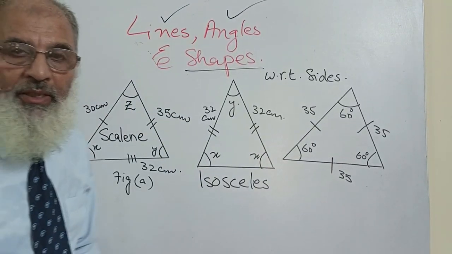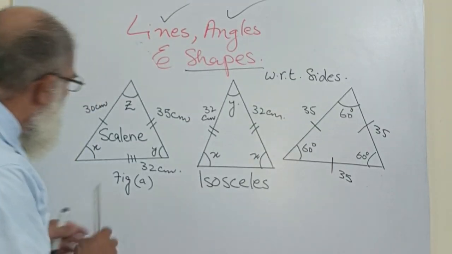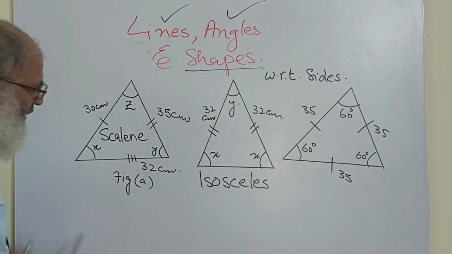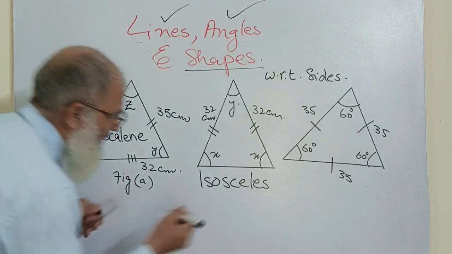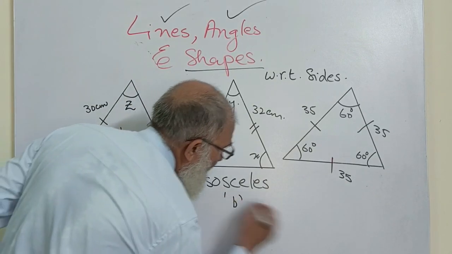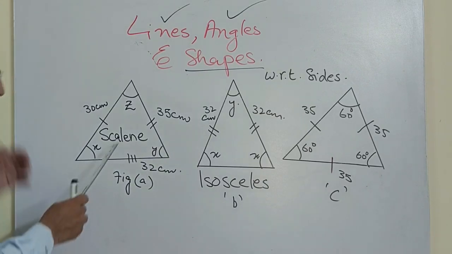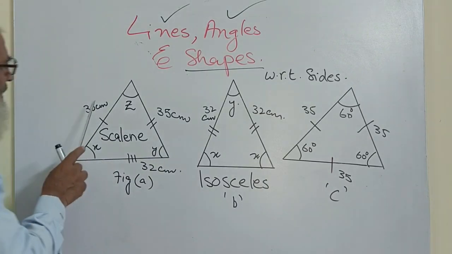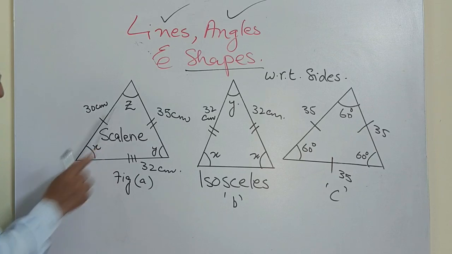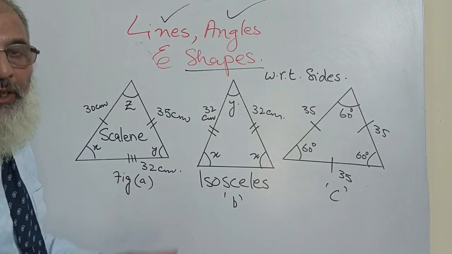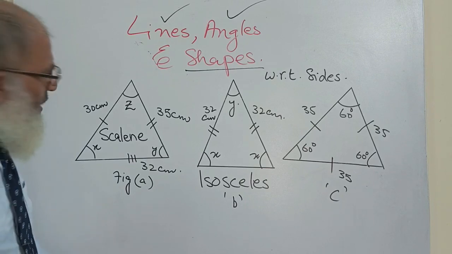Now dear students, let me recap. The first triangle, fig A, fig B and fig C. In fig A, the sides and the angles are different. No side is equal, no angles are equal.